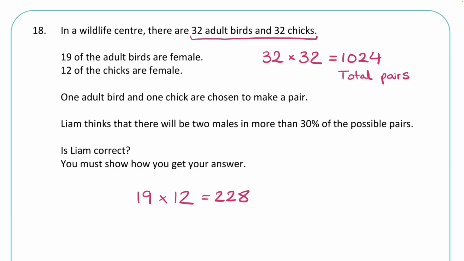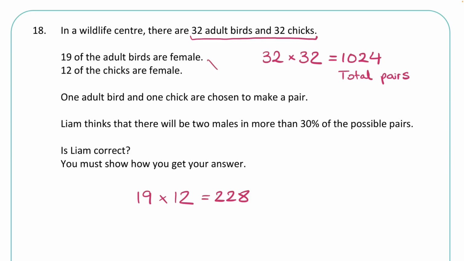However, that isn't really necessarily going to help us here because we want to know the combination that will have two males. And there are obviously different combinations. We could have a female adult with a male chick, and we would have to work them all out. So what might be easier for us here is to first work out how many males there are.